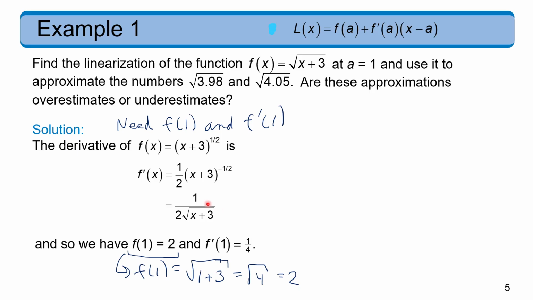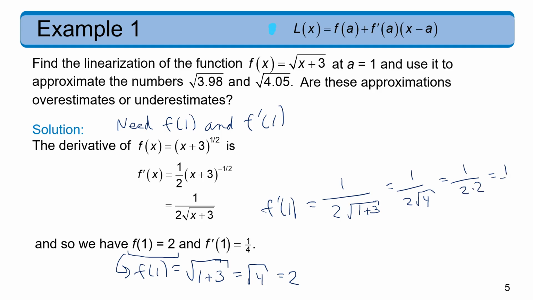So when we plug 1 into here, we get 1 over 2 times the square root of 1 plus 3. So that square root is just square root of 4. Square root of 4 is 2. Multiplying by the other 2 in front of it, we get 1/4. So that explains where this came from.